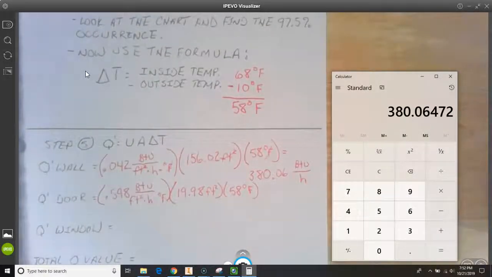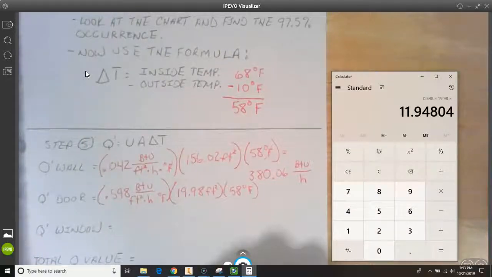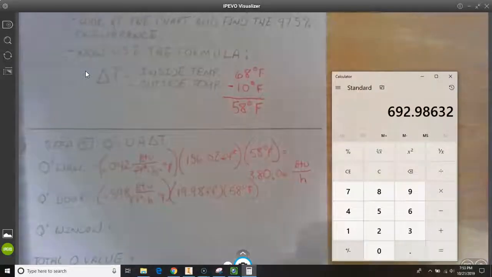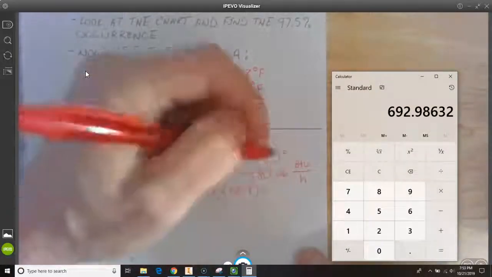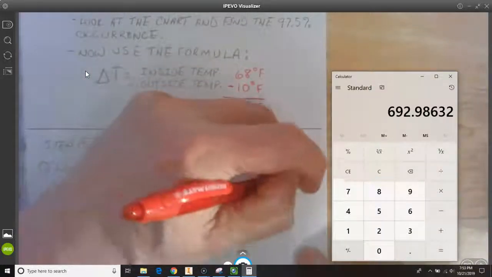Okay, so let me do the calculator here. So we get 0.598 times 19.98 times 58 equals, and this value is going to be, so this one's going to be equal to, you know what, I'll draw a box around our answer here.